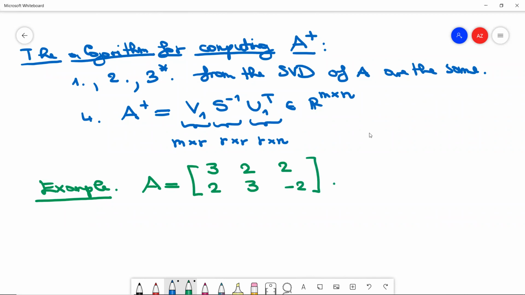And we would like to calculate the SVD of A and A plus.